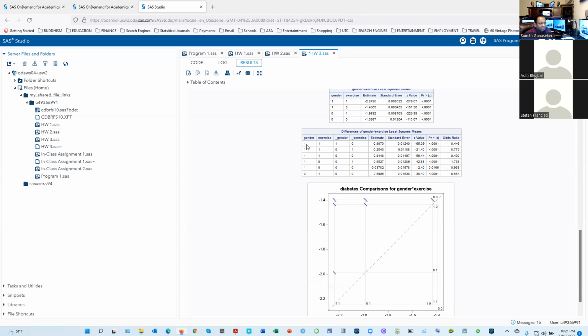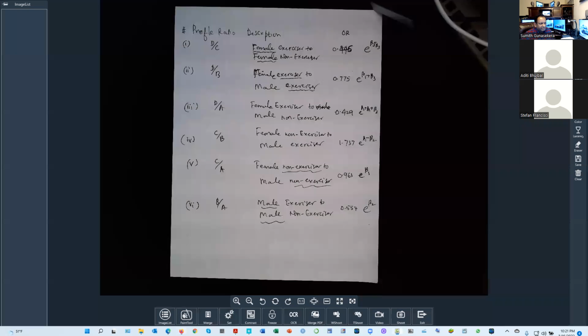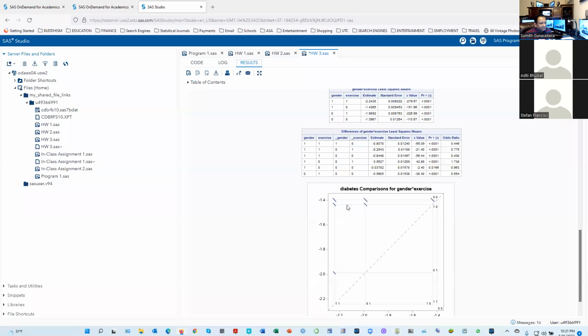Gender, we're going to compare 0.446, female to female, exerciser to non-exerciser. Sorry, here exerciser to non-exerciser, because the gender is the same. See, one. Okay, then male, the gender.